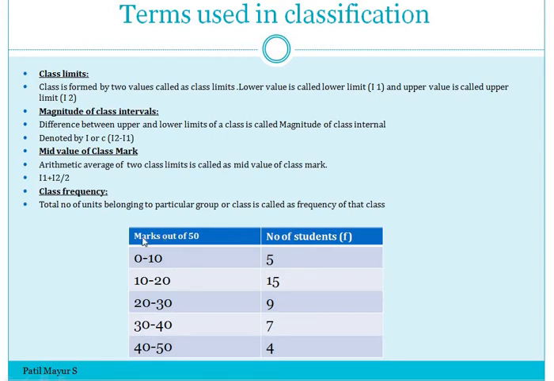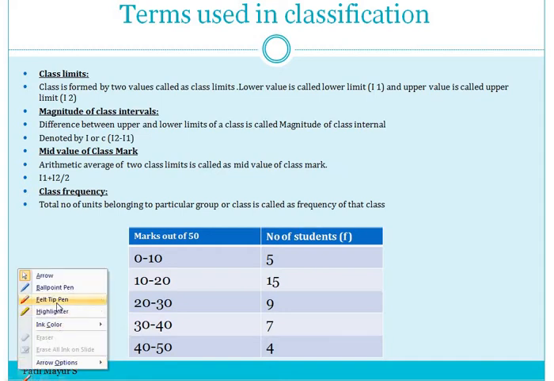First one is marks out of 50 that students have got, and in the second column there is the number of students. So basically this table is all about the marks which the students got in their examination. Here the data given is in the continuous series.